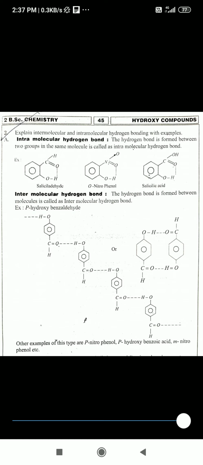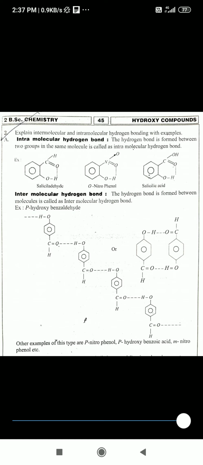In the same way, o-nitrophenol. If you take o-nitrophenol, an intramolecular hydrogen bond is observed. On the benzene ring, the NO2 group and OH group are adjacent to each other, that means side by side. So oxygen from the NO2 group and H from the OH group are near to each other.